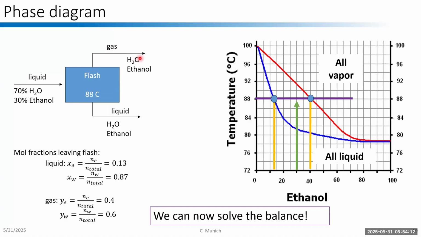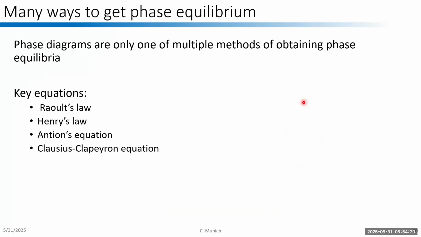I use my equilibrium information to determine what the mole fractions are in the different phases, right? So I know how things are going to separate. Those phase diagrams are only one of multiple ways that we can obtain the necessary phase equilibrium.